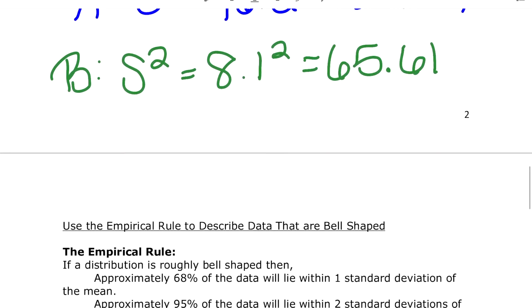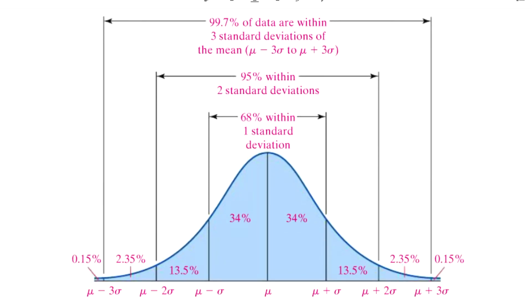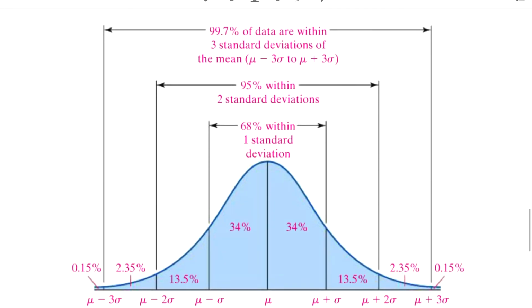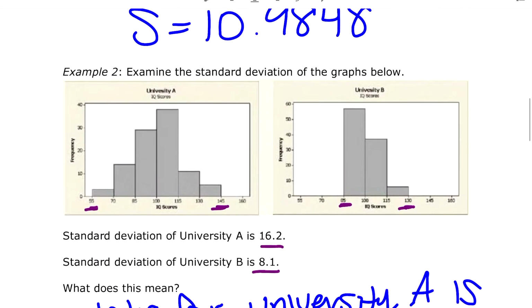All right, so moving on. The empirical rule, I think the empirical rule is super fun. I love teaching the empirical rule, and I love doing problems with the empirical rule. So the empirical rule only applies to data that comes from a bell-shaped distribution. So remember, that means that we drew our histogram, and our histogram appeared to be bell-shaped. So for example, if I come back up here, University A appears to be bell-shaped.